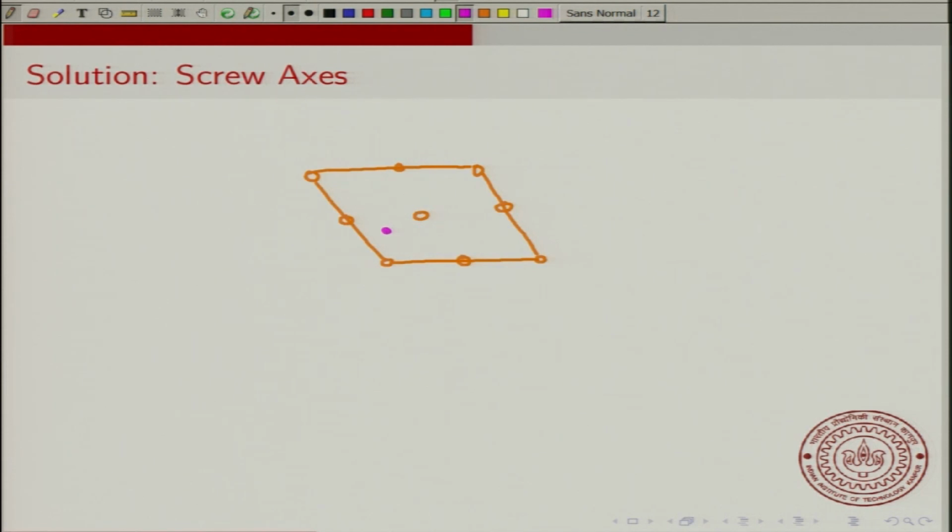One was located here, the other was located here. This was at 1/4 and this was at 3/4. Now, in this there is a 6-fold screw axis that is located here.